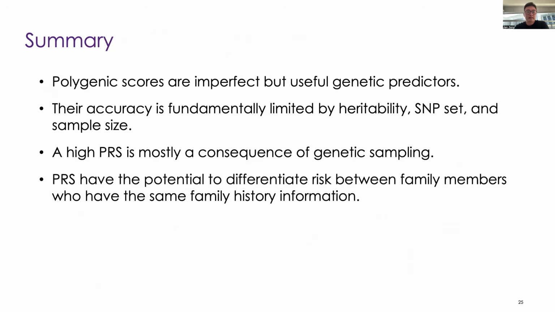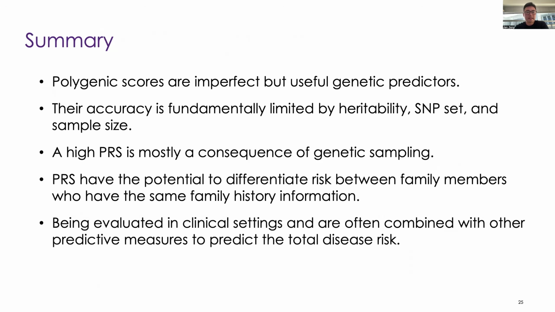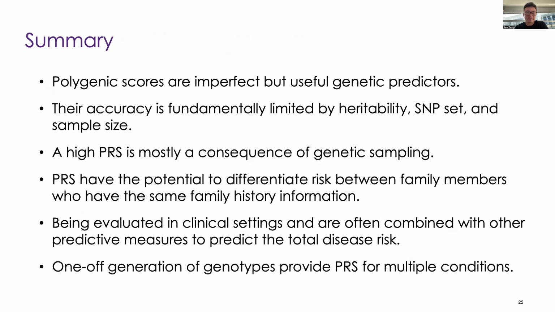And PRS have the potential to distinguish risk between family members who have the same family history information. And the utility of the PRS has been evaluated in the clinical setting and is often combined with other predictors to best predict the total disease risk. And usually a very high PRS can indicate immediate utility.